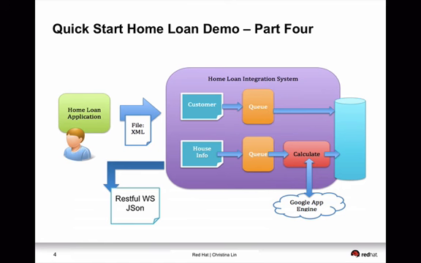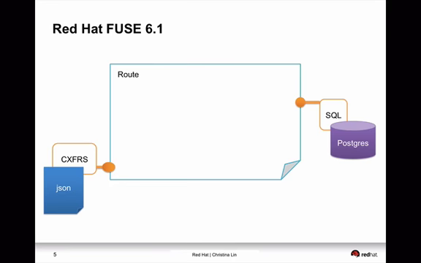So with this demo, we're going to connect to the home loan integration system with a RESTful endpoint and expose the information as JSON. And there's not much for us to do in our demo.